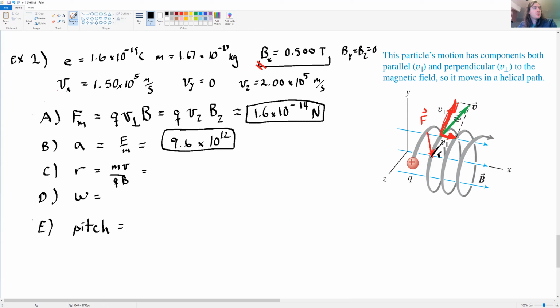And when we crunch the numbers on this, times 0.5, I end up with a radius of 4.175 millimeters, so times 10 to the minus 3.